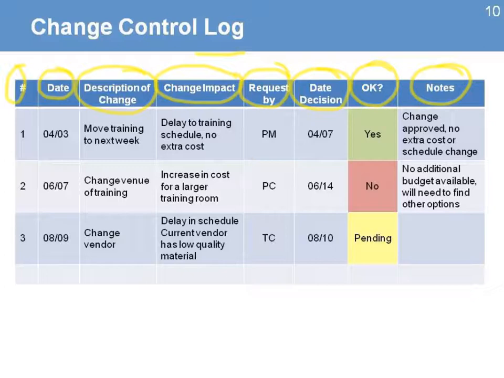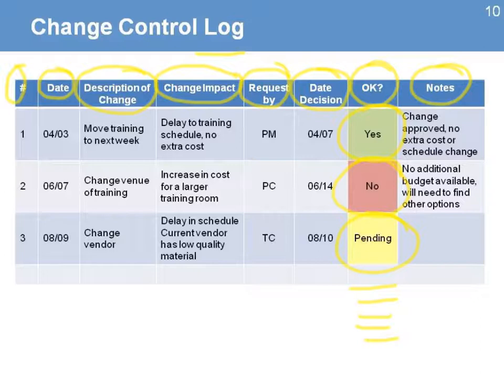The colors can then be used to track and filter the information that we have. Green when it's approved, red when it's denied, and yellow when it's pending. As we start getting more and more items into the log, it can also help the project manager identify those changes that are taking longer than what was planned.